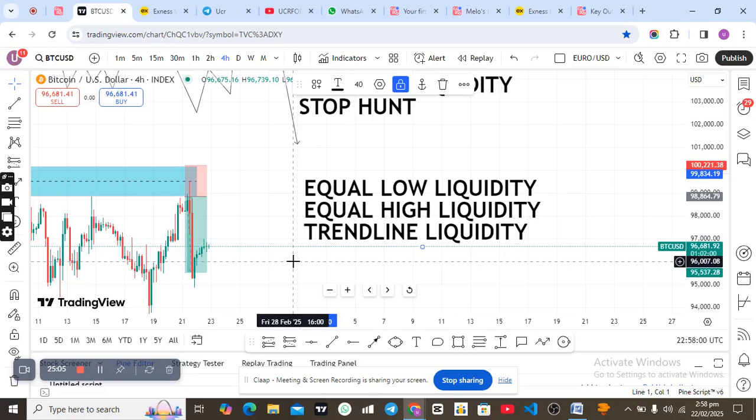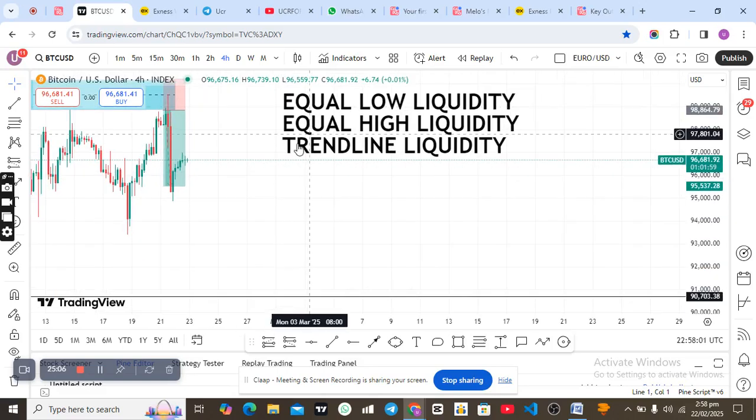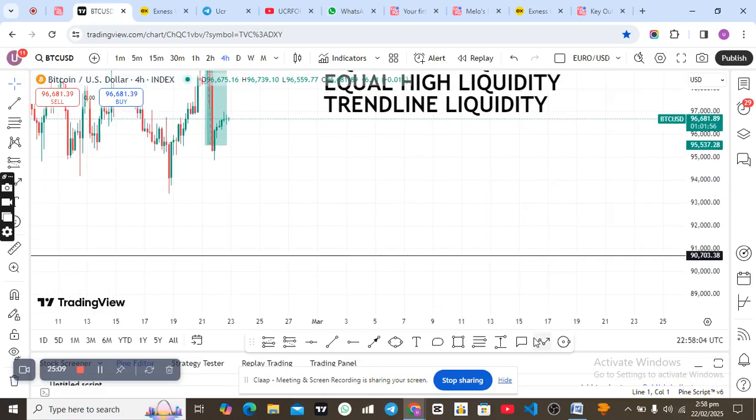So this is it. Now, how does this equal low liquidity work? Looking at the market, these guys are very funny. This equal low liquidity is what I call inducement. Now remember, I told you that when price cleared all the stop losses of the previous sell side liquidity or buy side liquidity, what it did is what we call a sweep of liquidity.